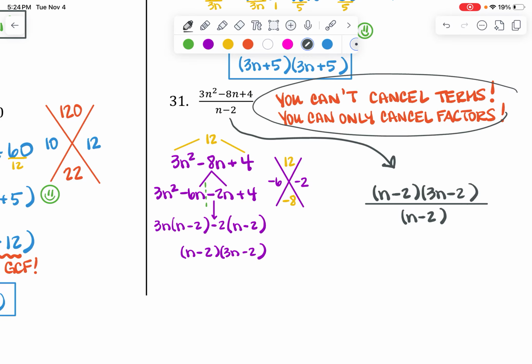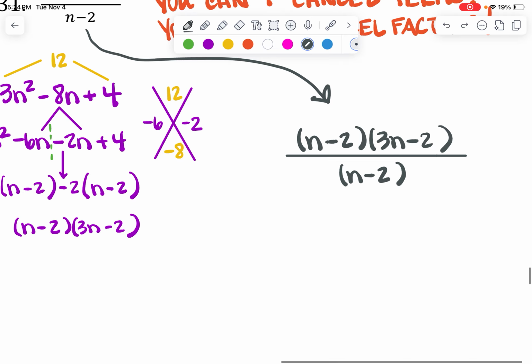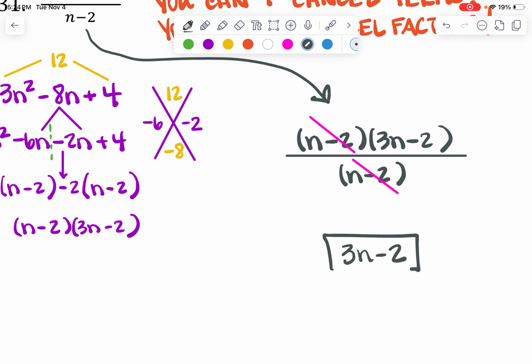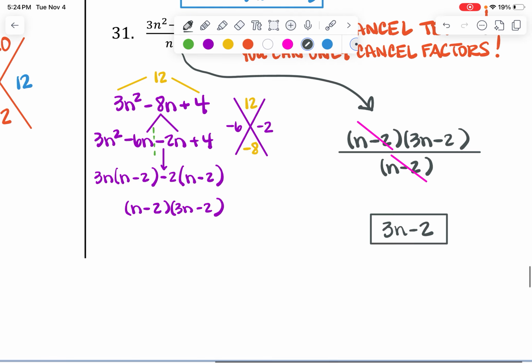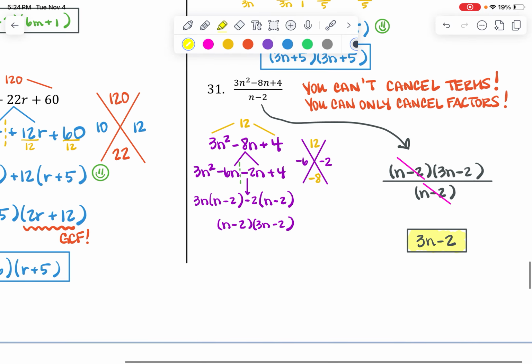You can't cancel terms, but you can cancel factors. And now that I have an identical n minus 2 factor on the top and an n minus 2 factor on the bottom, I can completely cancel the factors, which leaves me with 3n minus 2. You can leave it in parentheses or take the parentheses away. It doesn't really matter. And so that is my final answer after I reduced the factors.